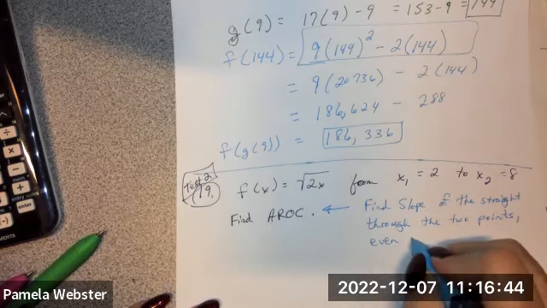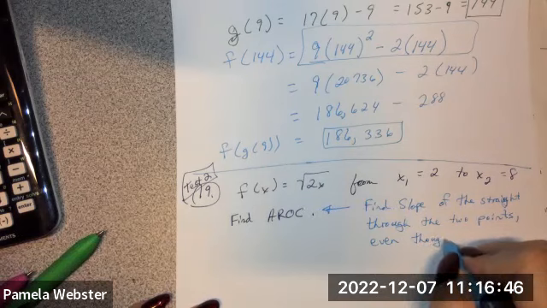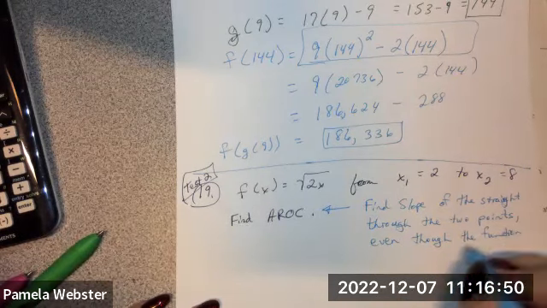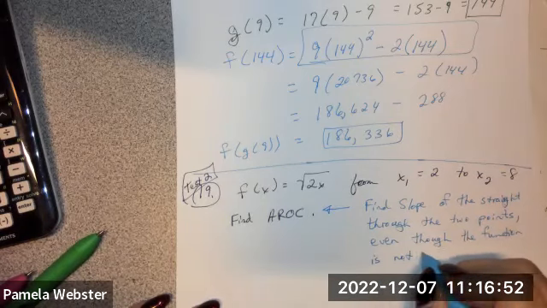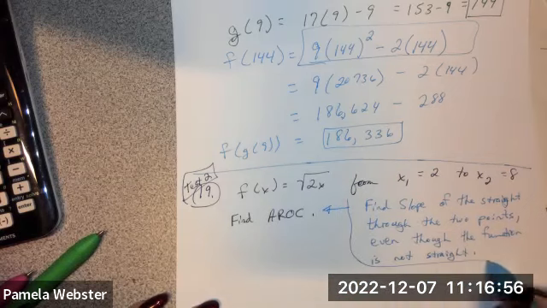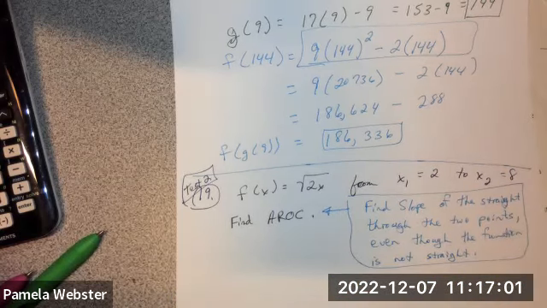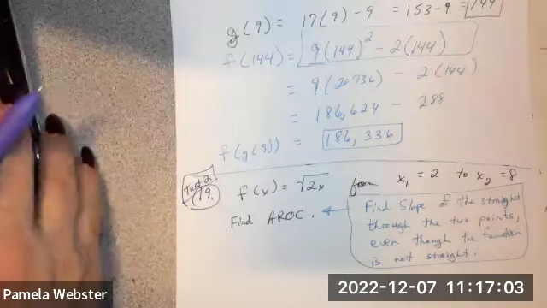Even though the function is not straight. So we're approximating, that's what we're doing. Okay, so we're finding the slope of the straight line through the 2 points, even though the function is not straight. So what does that mean?